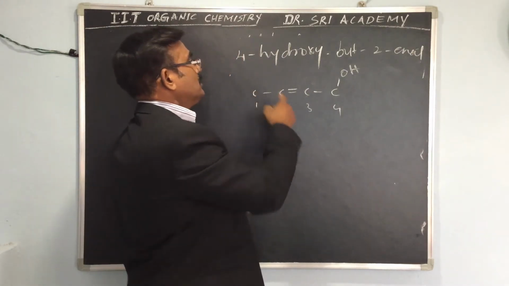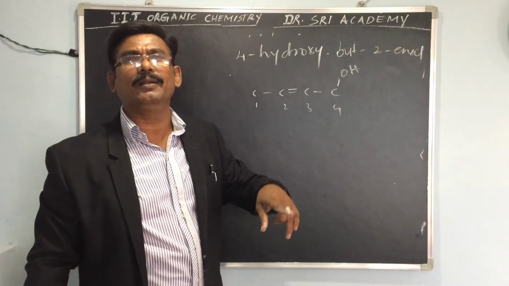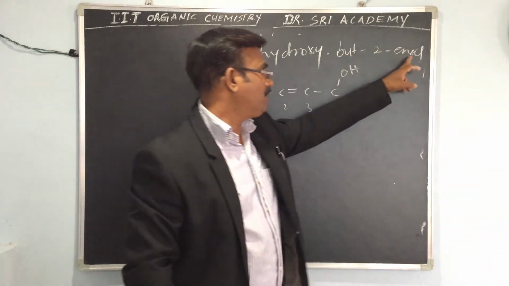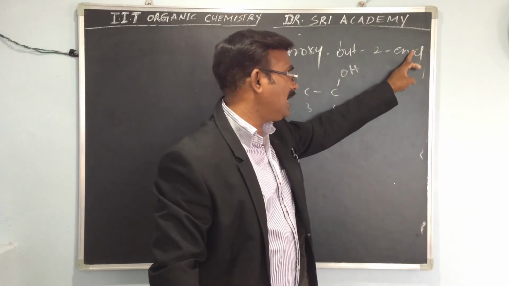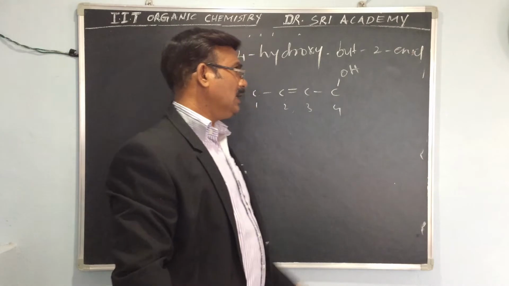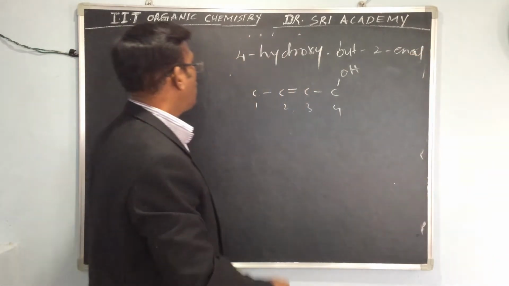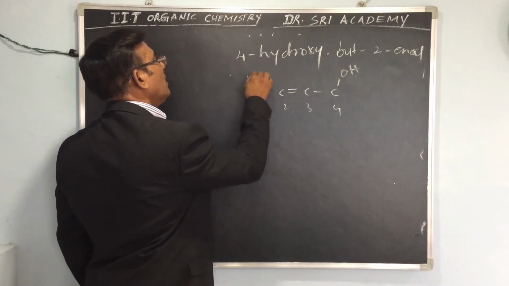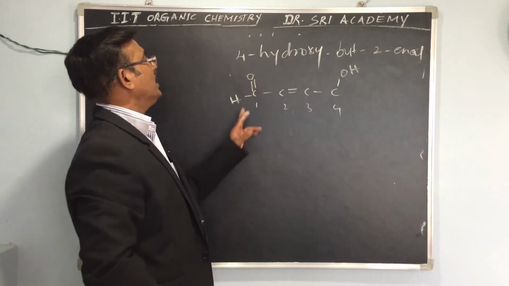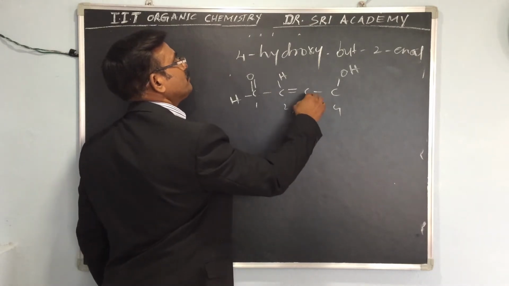If there is no number and simply al is there, that is the first carbon, number 1. This contains the aldehyde group.